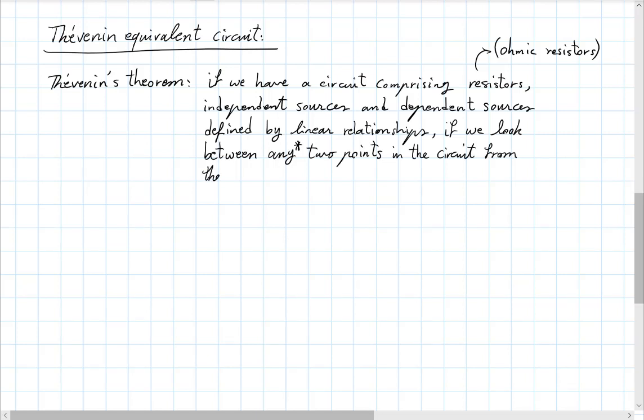From the outside world, the behavior of the circuit can be represented by that of an independent source and a resistor in series, between those 2 points.